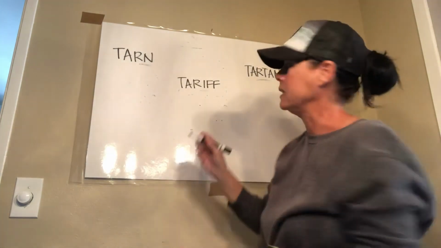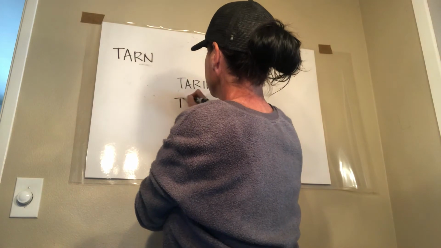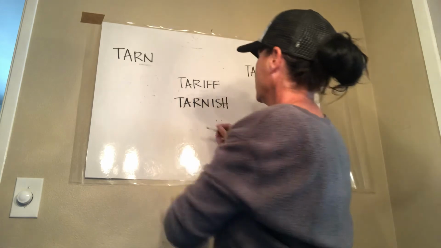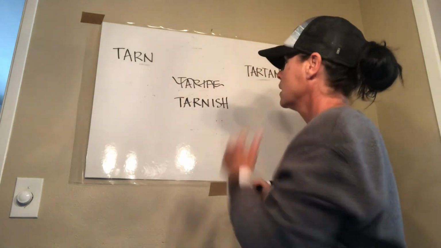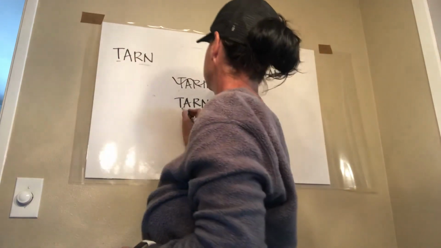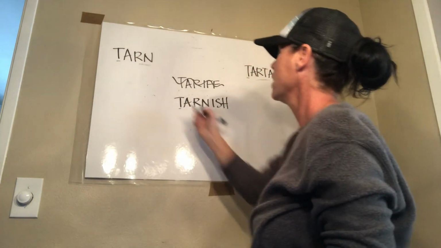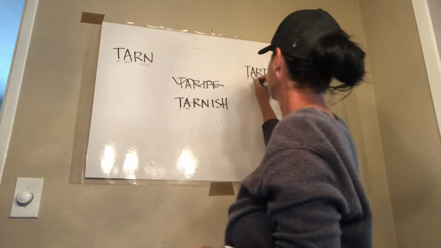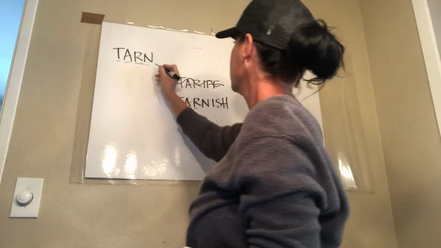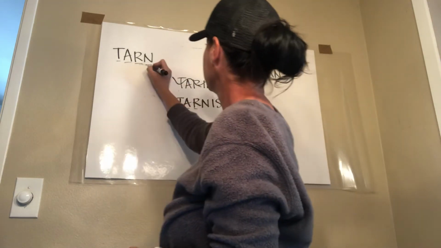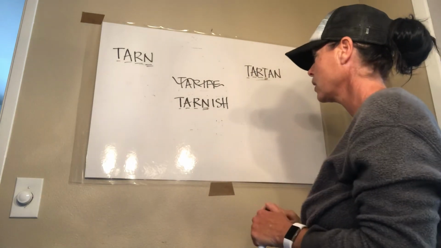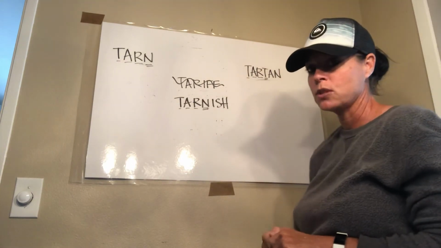So the next word would be tarnish. Let's do this one. Okay, all 3 have a T, and I kind of like to do this just to help me. They all have an A, they have an R, N is what I'm looking at, and T. Okay, so what letter comes first in the alphabet?